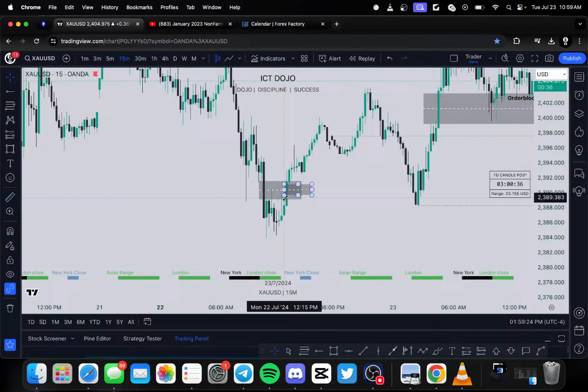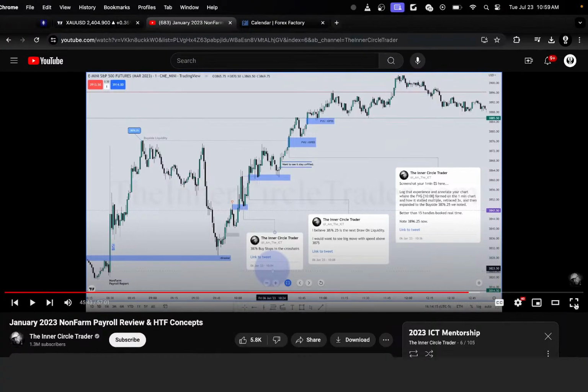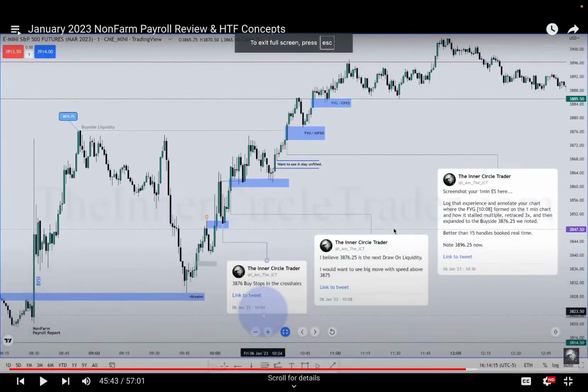This is a range that was created that's likely not going to be referenced. Like that's why it didn't pull back here. Instead, it ran from this breaker block towards the liquidity. So there's concepts that you don't want to see get filled. You don't want to see it referenced at all. You just want to see it stay unfilled.